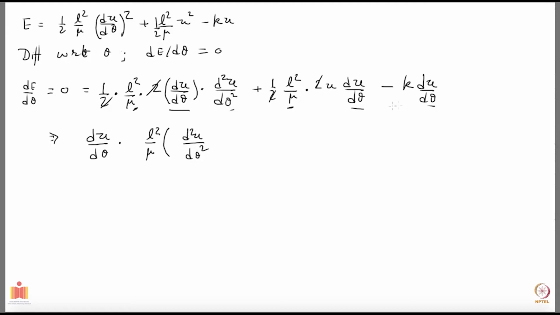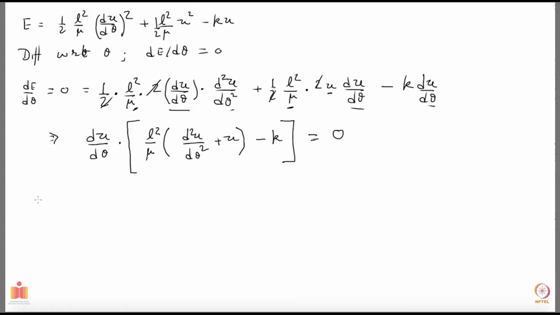I have taken this. Now I should take this piece here plus u. I have already taken du over d theta outside. Let me put a square bracket, and then I have minus k. Correct, that's correct.